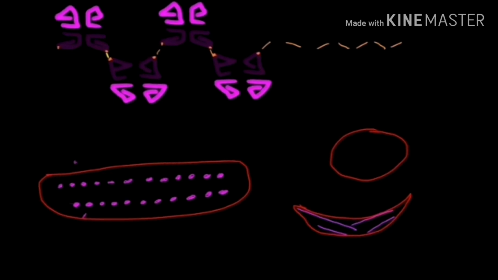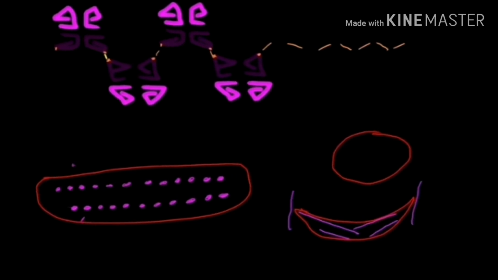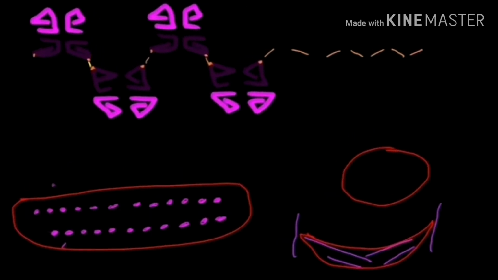Okay, so now we don't have nice round erythrocytes that can change shape and are pliable and can flow through narrow vessels. Now we have these long, rigid shaped erythrocytes that tend to get stuck in vessels.